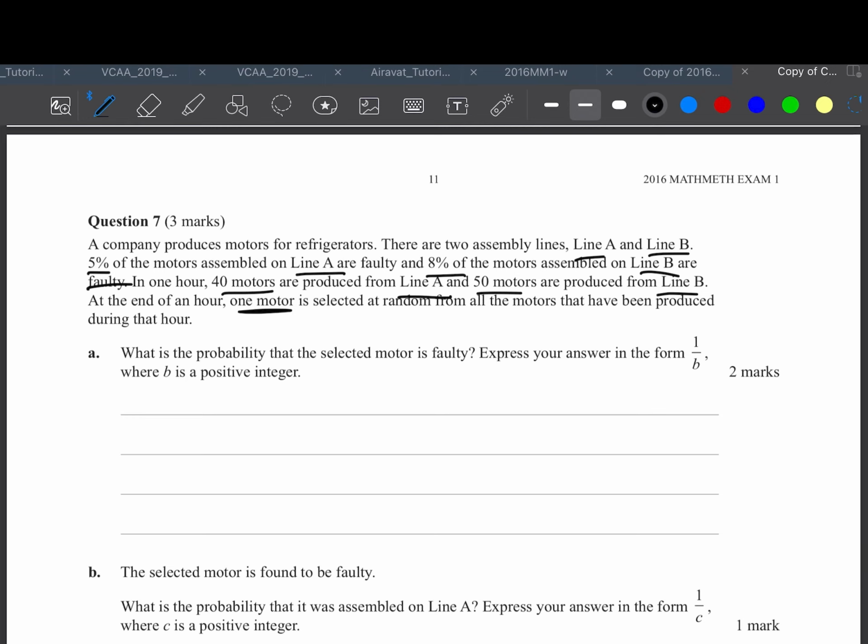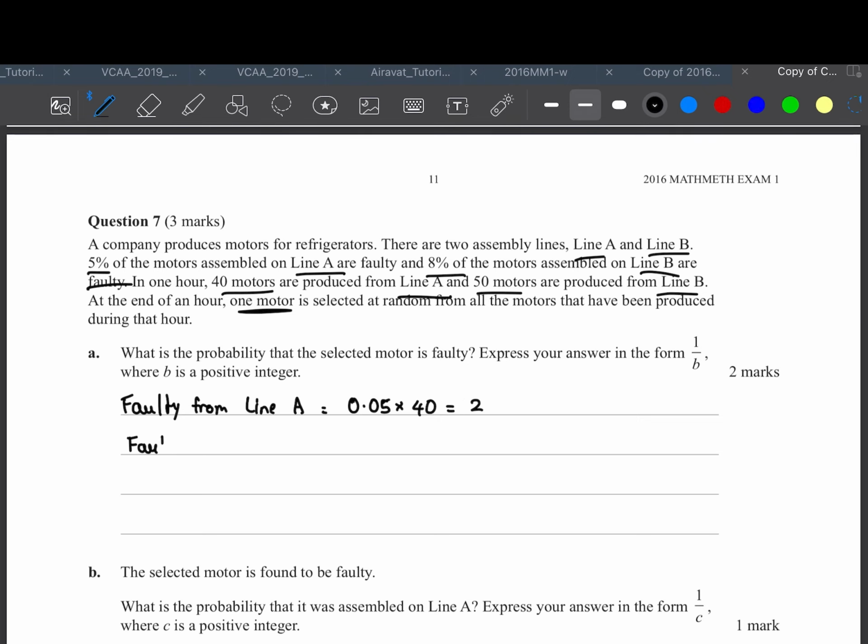So let's now first find the amount of motors that are faulty from line A. So faulty from line A, which is just going to be 5%, so 0.05 times 40, because that's how many motors are coming from line A in 1 hour. This will give us 2.